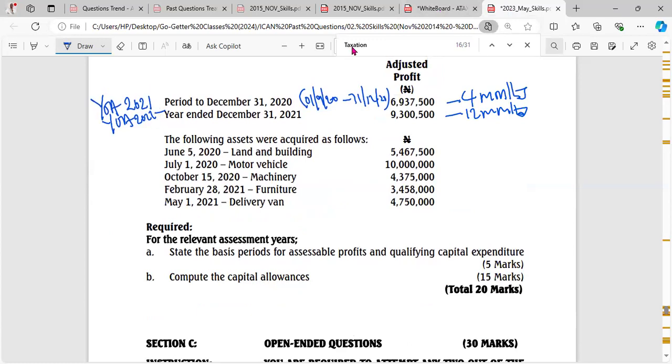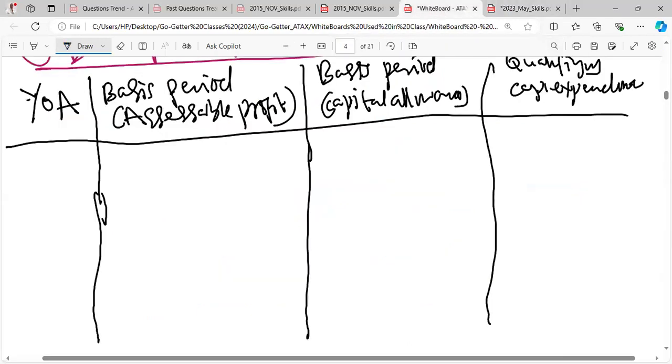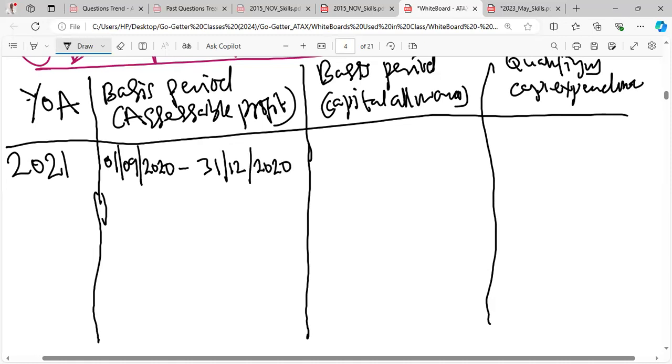So we say it's 2021 and 2022. So you will say this is 2021. This is going to be September 1, 2020 to 31st December 2020.